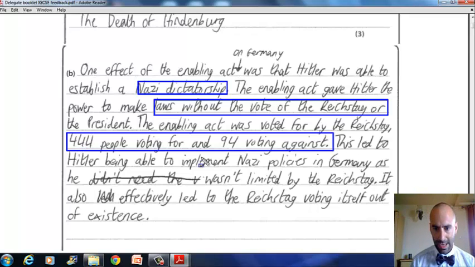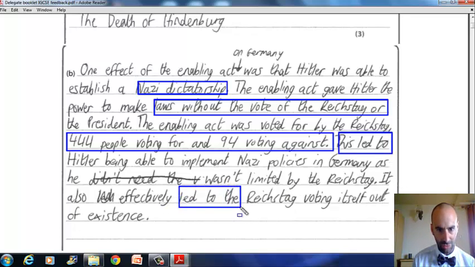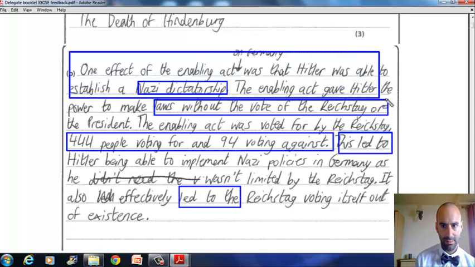Okay. Now, the last point I would like to highlight to you is the leading language here, because we have this led to, this what effectively led to. So the consistently and persistently focusing on the effects of that event. So exactly what the examiner wants to see. We've got a focus on the question up here, right from the outset, right off the bat.